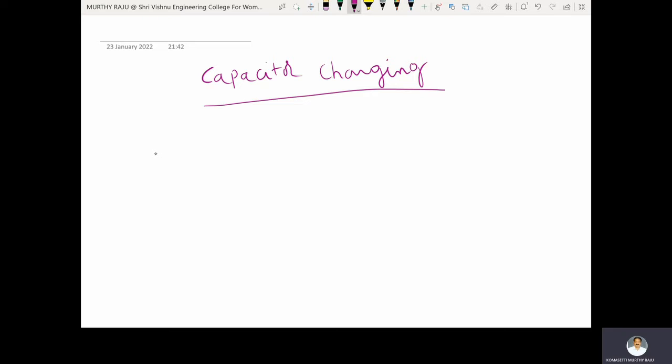Before deriving the capacitor charging voltage expression, all of you must know the fundamentals of the capacitor. These are the two parallel plates.